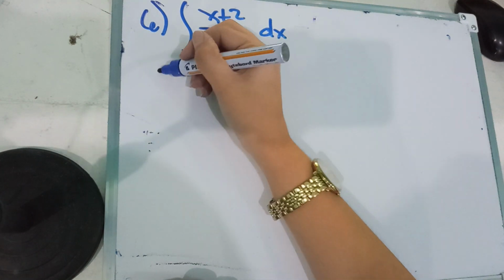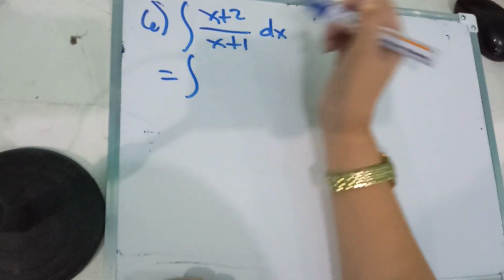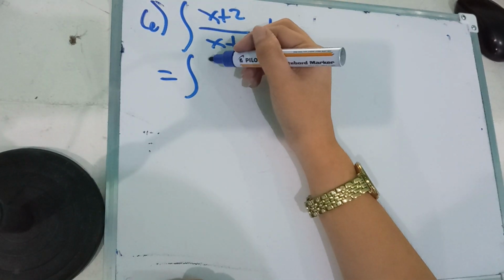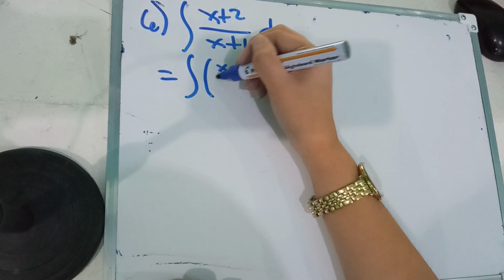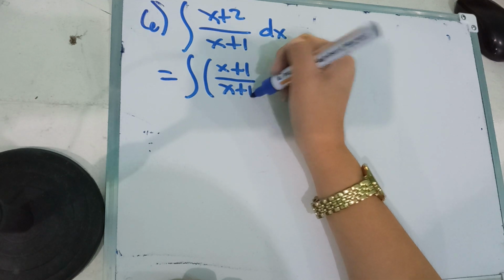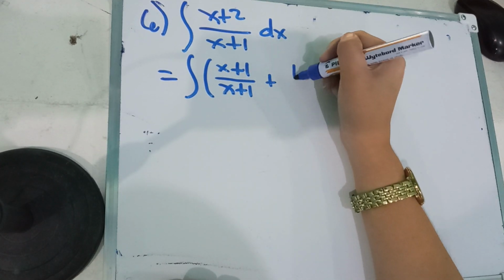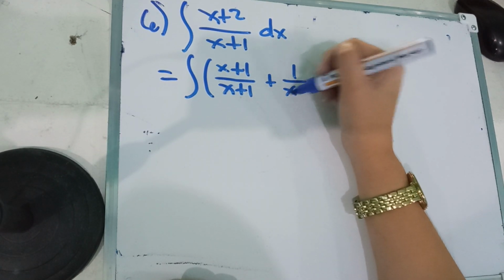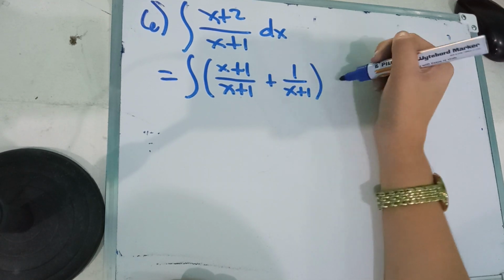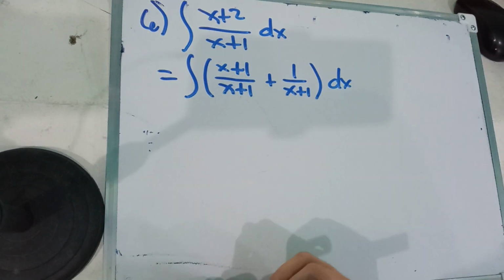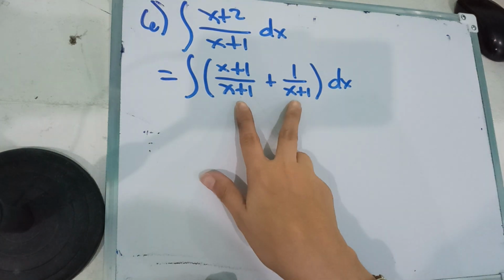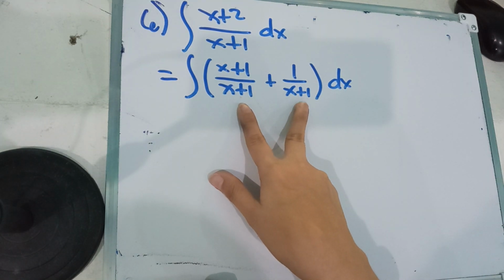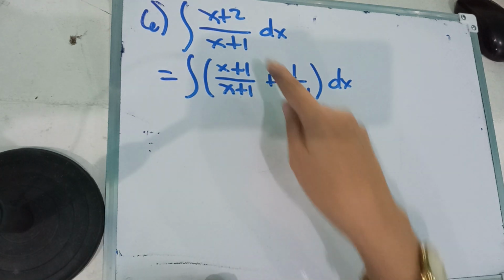Now, the function can be rewritten as the integral of x plus 1 over x plus 1 plus 1 over x plus 1. Why? Applying the rule for rational expressions or rational numbers, diba? X plus 1 plus x plus 1 for our denominators is simply x plus 1.